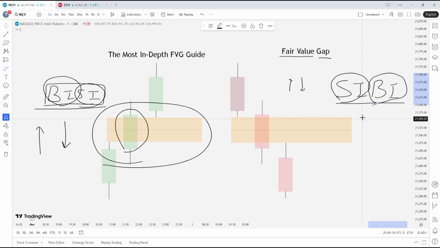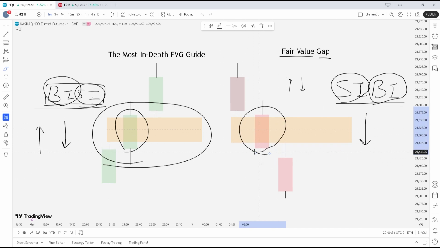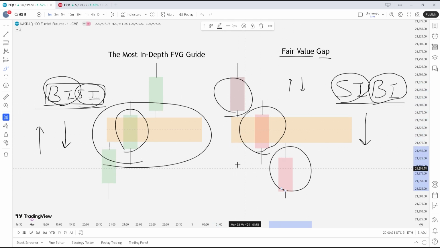So the sellers are pushing prices lower, and the buyers, because they are not efficient, aren't able to push the prices higher at the same level or magnitude as the sellers. So that creates this pattern right here, where there's a strong candle between these two candles. And then it creates the gap right here. And that is the fair value gap.